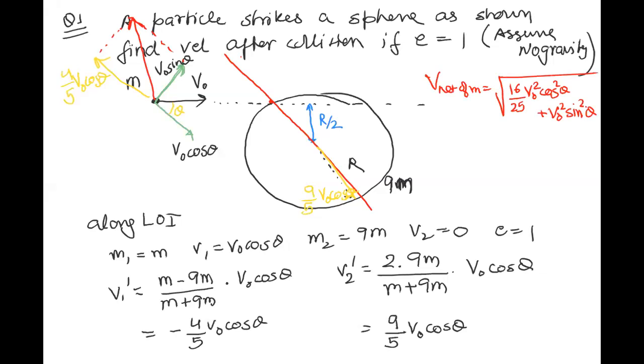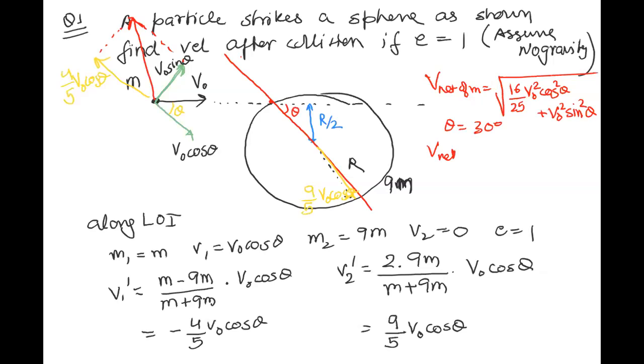Now this is very easy to find out because I have considered this as angle theta, so this must be angle theta, and sine theta is equal to half. Therefore, theta is equal to 30 degrees. Okay.